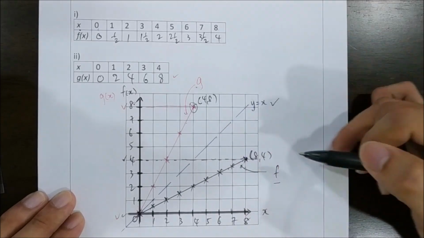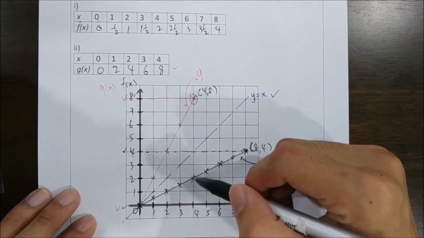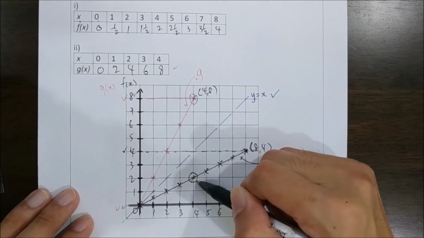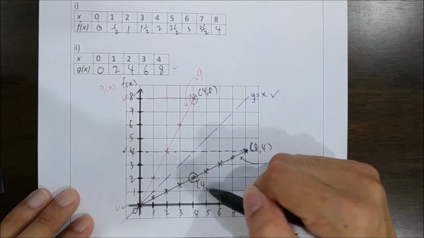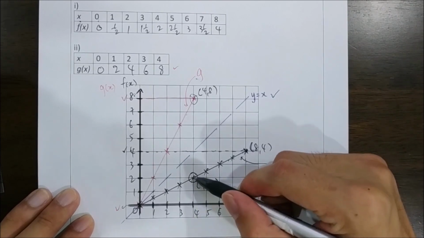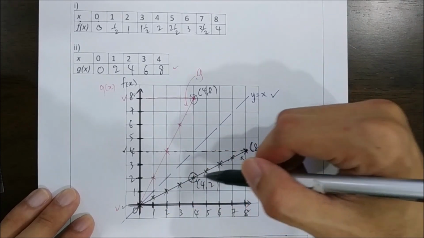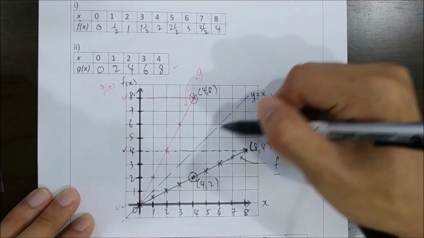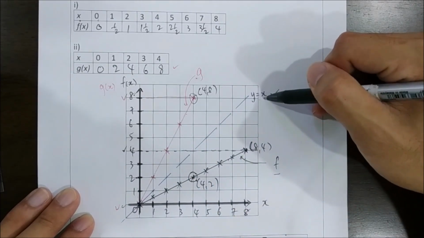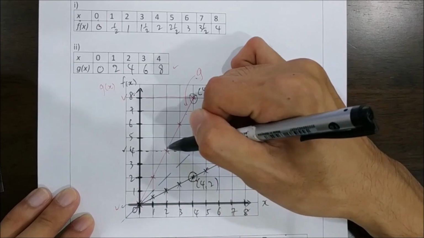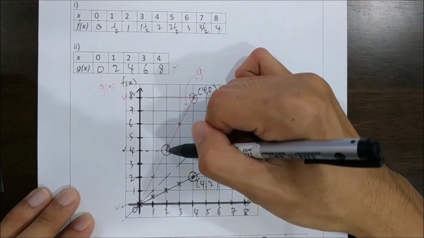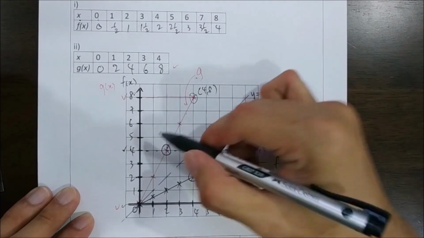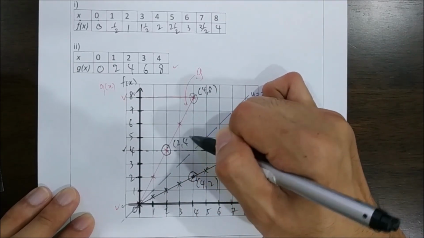Now we try any other point, for example this point. What is its coordinate? (4, 2). If this point is reflected at the axis of reflection y equals x, it will be reflected to this point. And what is the coordinate of this point? It's (2, 4).